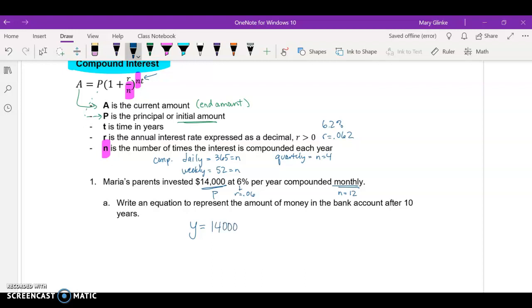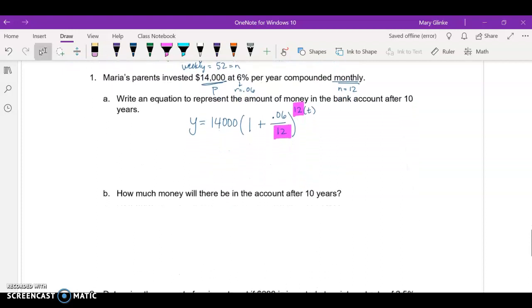So it's 14,000 times 1 plus, here's where our formula gets a little different, 0.06 divided by your n value. So notice here I'm dividing by 12, to the n times t, which for this one again, since it's compounded monthly, your 12 goes there. We want to figure out after 10 years how much we're going to end up having.